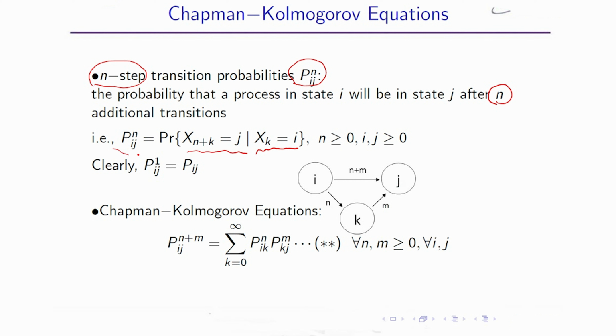This is called P_ij^(n). That means we start from i, and after n steps, we go to j.